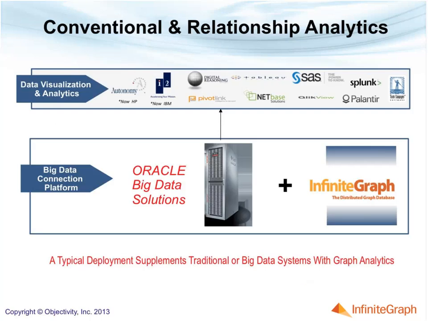As I said, you fit InfiniteGraph alongside something else, unless it's Objectivity, in which case they can coexist, but you might have an Oracle Big Data solution. The little demonstration I'm going to point you at in a moment, first of all ran just on, I think it was a MacBook, and then we hooked it up for Oracle Open World last year so that all the data, the telephone calls, were in the Oracle Big Data box.